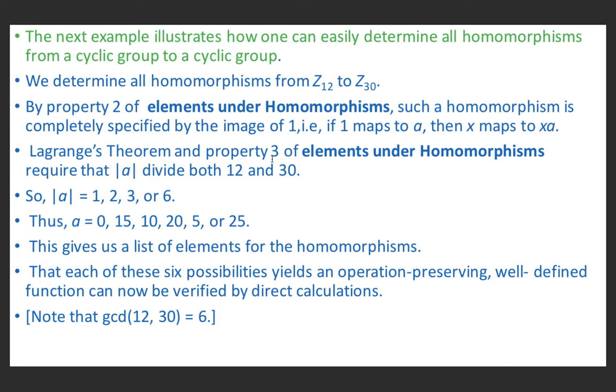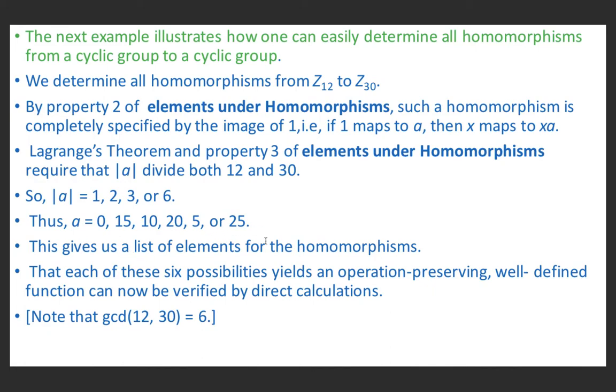Lagrange's theorem and property 3 of elements under homomorphism require that the order of A divide both 12 and 30. If the order of A is 1, 2, 3 or 6, then A is equal to 0, 15, 10, 25 or 5.